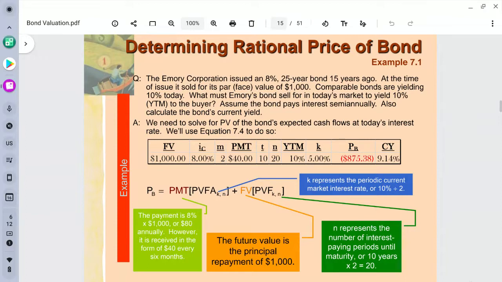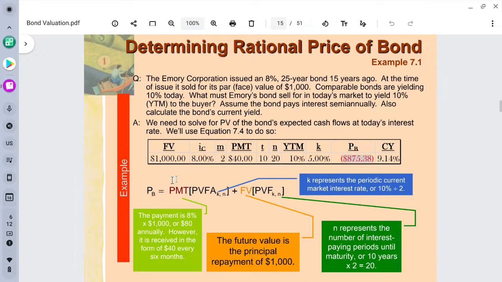Also calculate the bond's current yield. Now here's a new concept, current yield. We're going to get to that later, but I already showed the model I built to calculate it, and in this model you see the bond price comes out as negative. That doesn't mean it is negative. It simply means cash outflow, right?